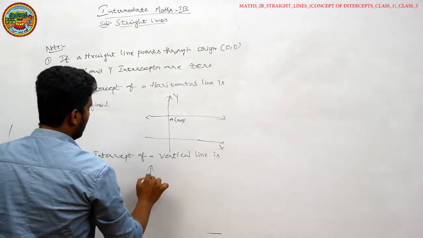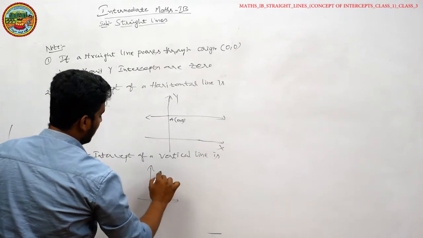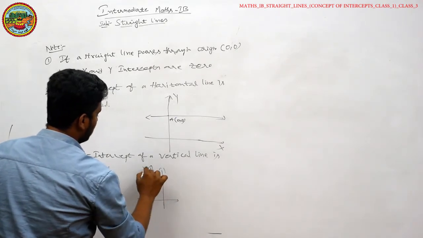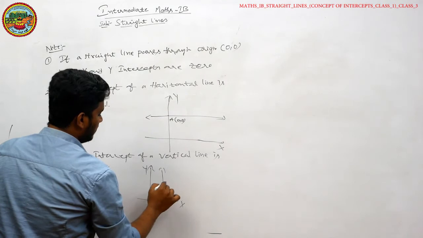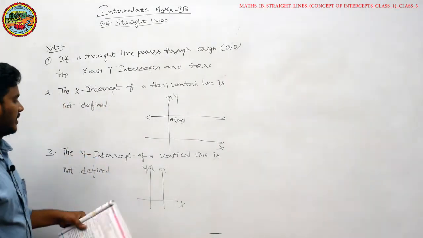That is a vertical line, which means it is parallel to the y-axis. So that's why it can't be defined.